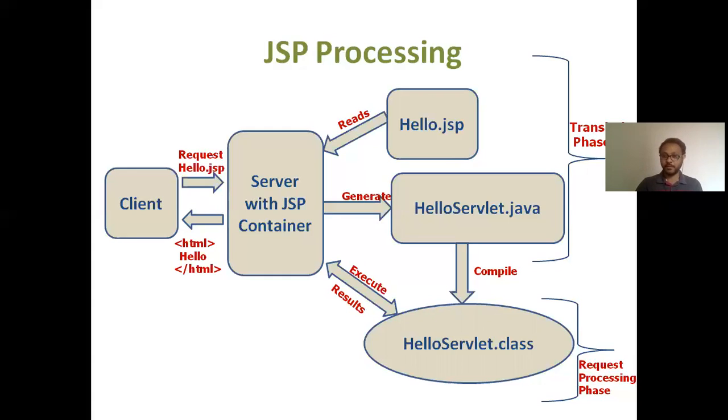Once this .class file is generated, we can execute it and fetch the result. This is called the processing phase. So this is a complete picture of what exactly your JSP is going to do internally to get the results by taking the request for one .jsp file. This is called JSP processing.